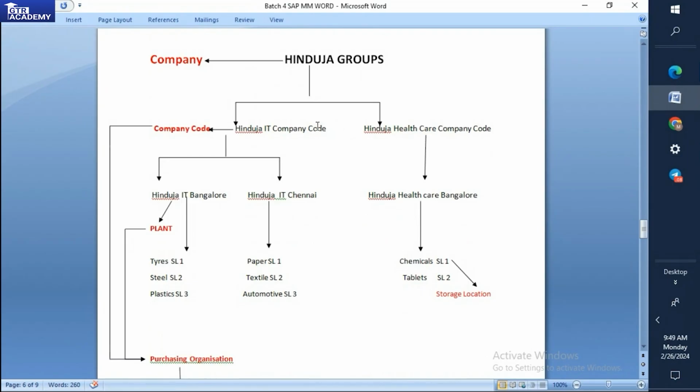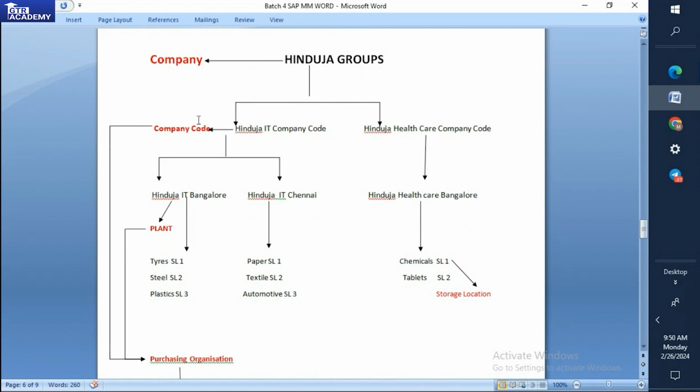They have to segregate whatever profits and balance sheet apply to the healthcare domain, and when it comes to the IT domain, it has to maintain its own profits, balances, and accounts. So to differentiate two different types, they maintain them separately. This is the example for the company code.